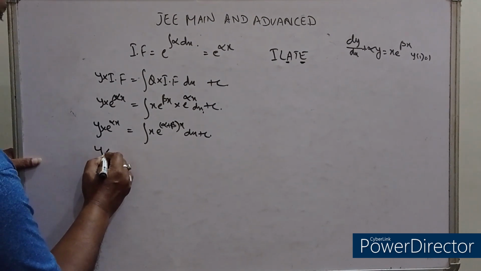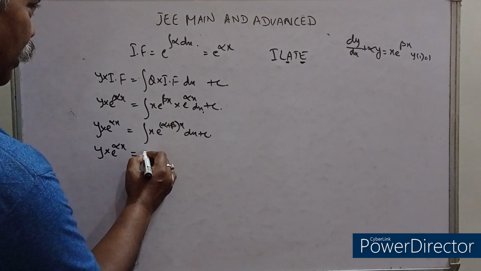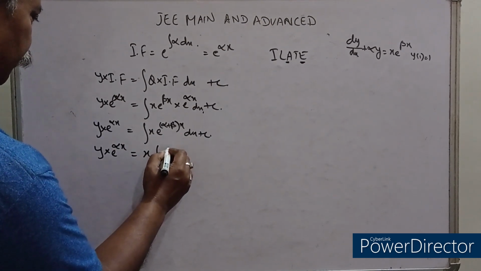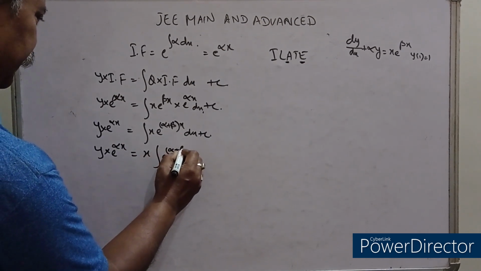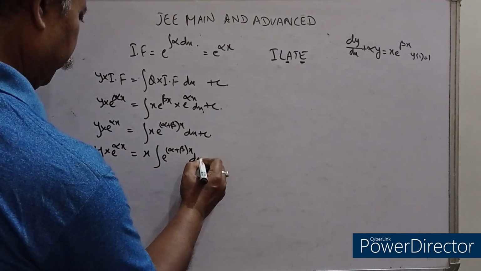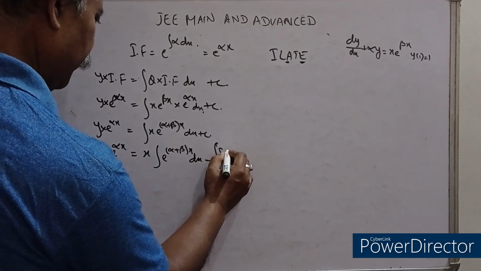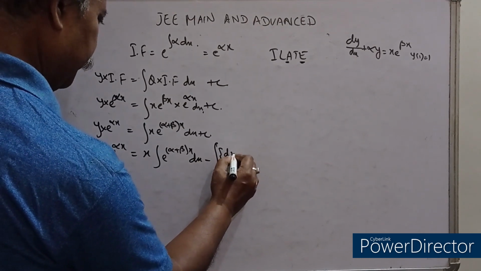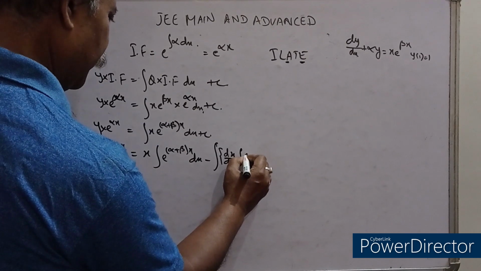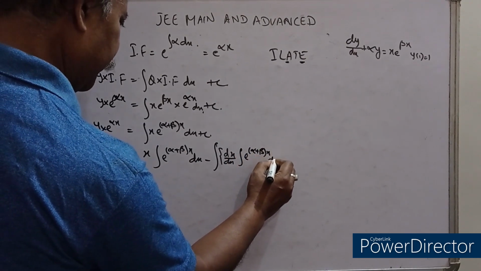So y e^(alpha x) equals algebra first function times integration of e^((alpha plus beta) x) dx, minus integration of differentiation of first function times integration of second function dx.